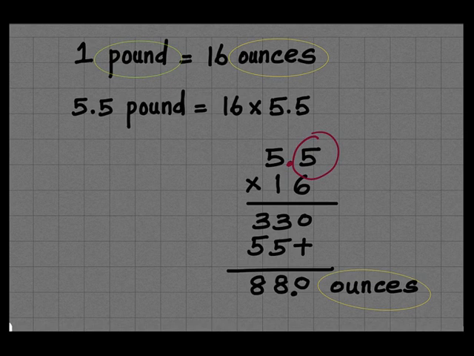In the same way, in the answer, you just mark the decimal point 1 digit to the left. Okay, do the normal multiplication and place the decimal point correctly. The answer will be in ounces.